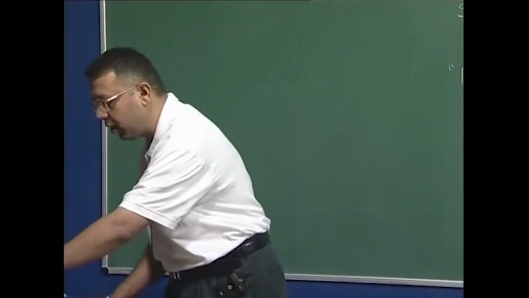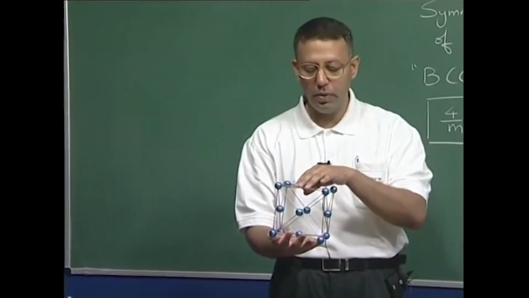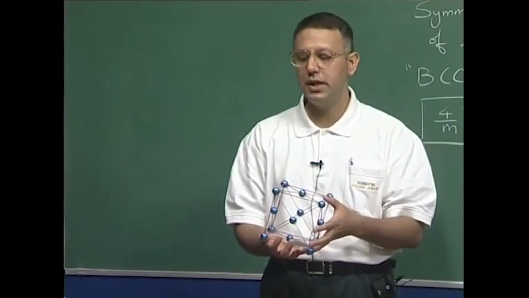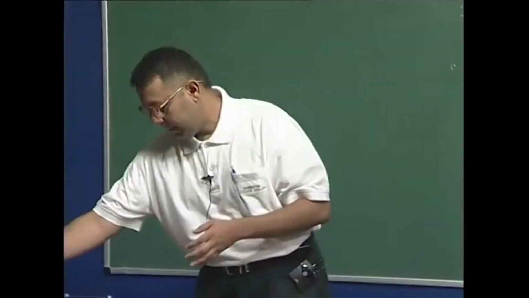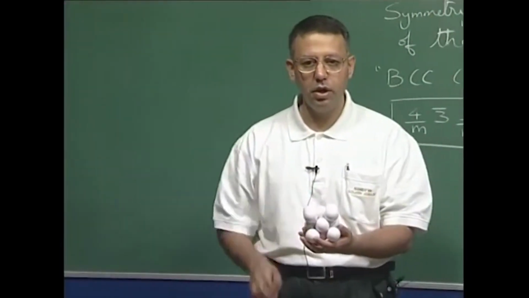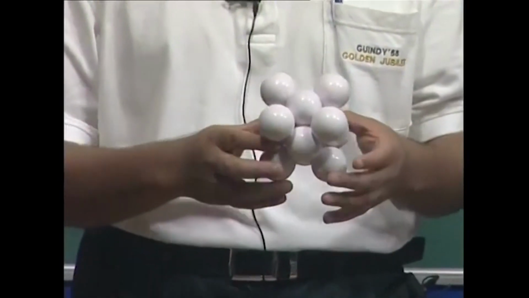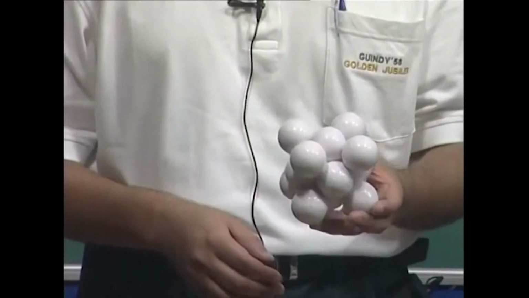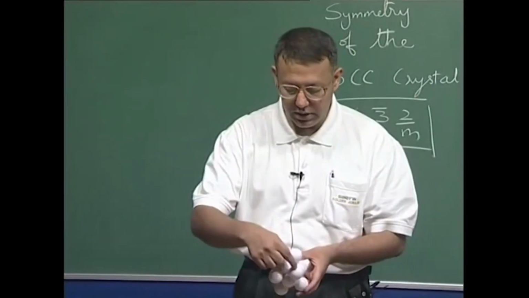In 3 dimensions, one of the possible closed pack structures is this structure, which is the face centered cubic crystal, which is nothing but an FCC lattice decorated with a single sphere. So let me look at a unit cell of the same FCC crystal, but now in the space filling mode. This is my space filling model of the FCC crystal, and you can see very clearly that the atoms are touching along these directions.